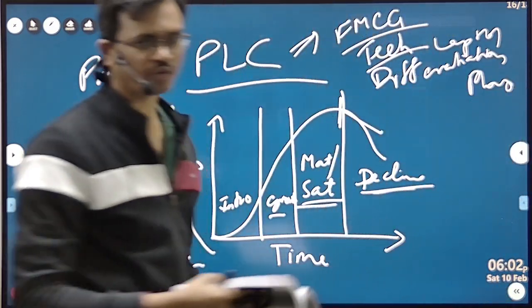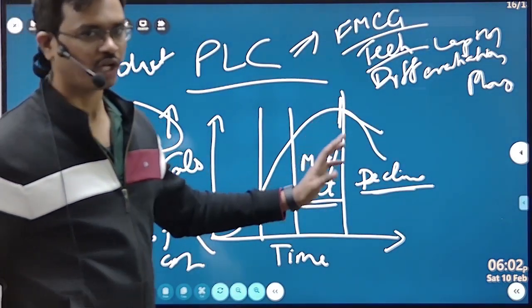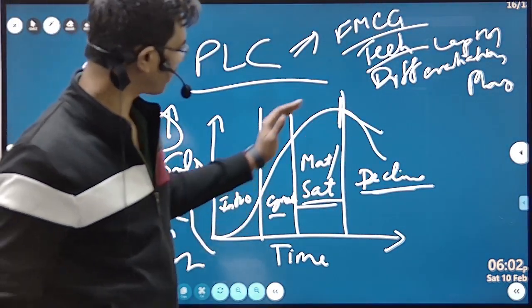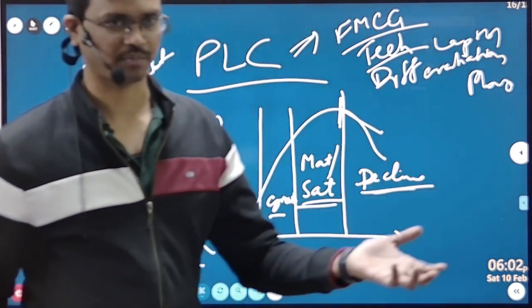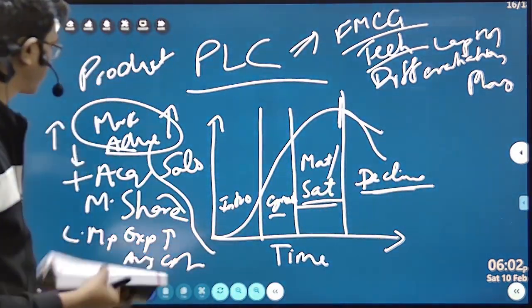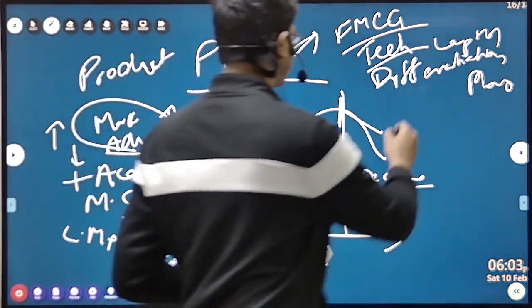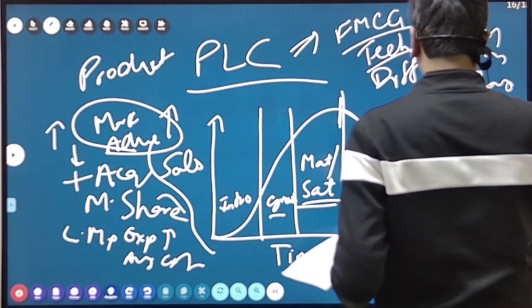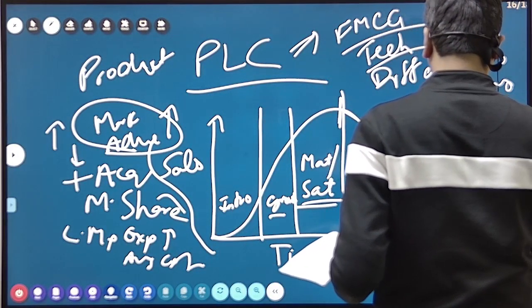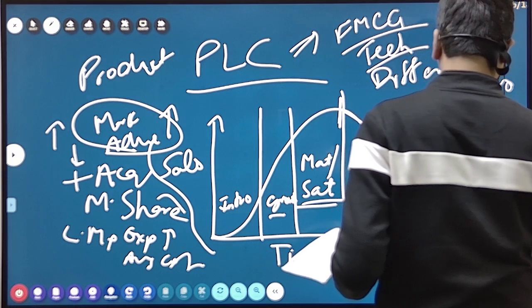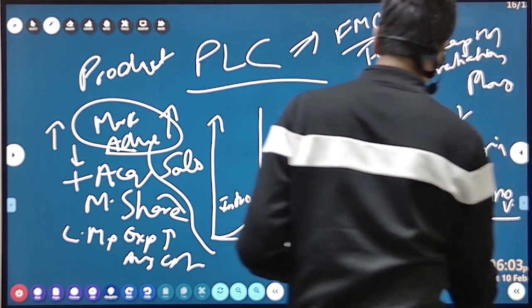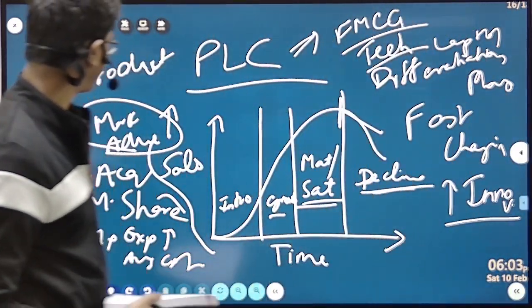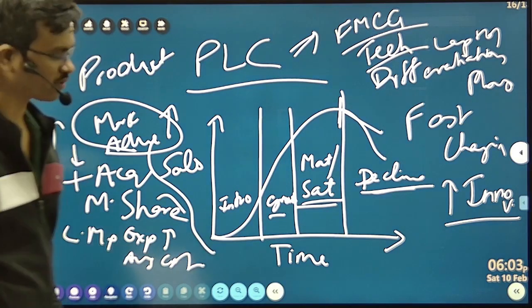One phone will not be there forever. It will come, it will have a peak, and then the next model will replace it. So this is for the very fast changing industries where innovation is high. In that case, you will have this product life cycle.